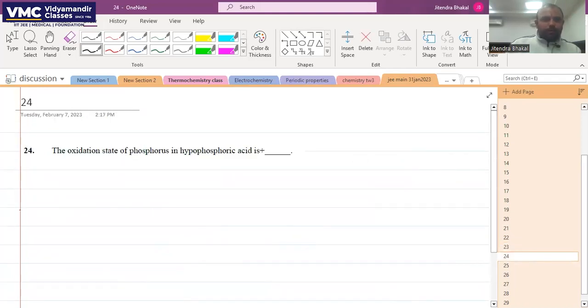Okay. Now question number 24 says the oxidation state of phosphorus in hypophosphoric acid is. So the structure of hypophosphoric acid is this: OH, OH.